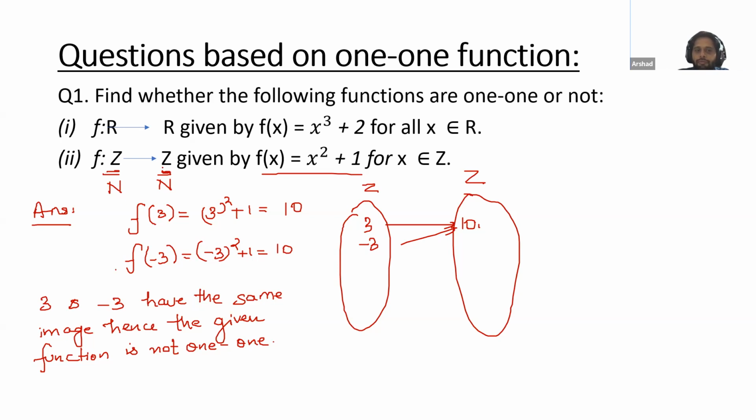Yes, then it will be one-one, because we can't put the negative number here. So for the even functions, the functions which have an even power, there are chances that the function is not one-one, because the positive and negative number will have the same image. Is this clear, Abdur? Yes.